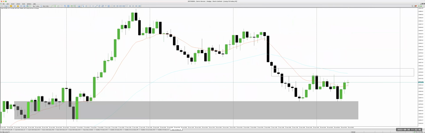Okay, here you can see price. So you also want to mark the previous day's low and current day's low, which are more or less in the same area.